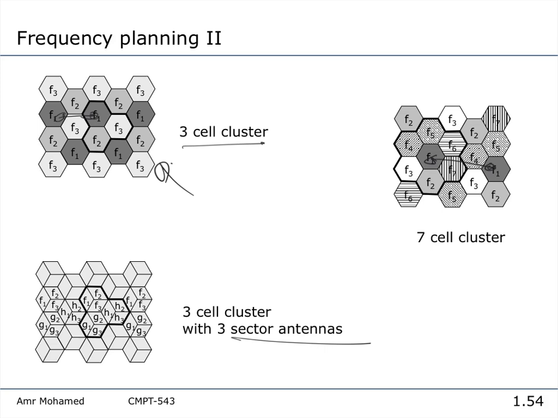And we achieve this using the sectorized antenna or the directional antenna. So in that case, as we can see, the frequency reuse is much higher. So we use the same frequency in cells more often, and we leverage the directionality of the antenna to create some kind of spatial diversity or mitigate the interference using spatial multiplexing.